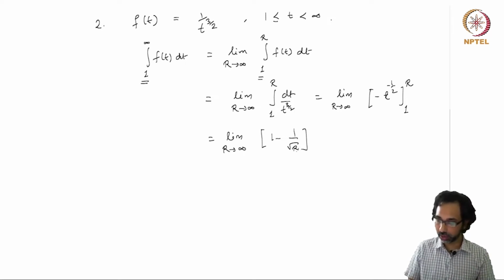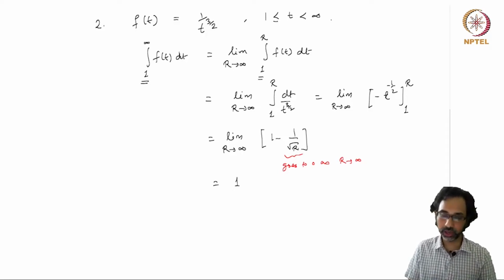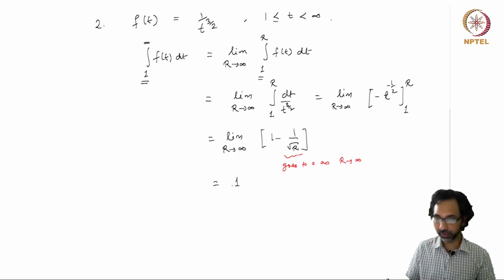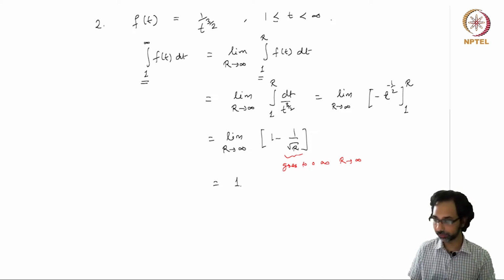Now this 1 over square root of r term goes to 0 as r goes to infinity. Therefore in the limit you simply get 1. So the integral from 1 to infinity of f(t) dt, where f(t) is 1 by t to the power 3 by 2, is in fact finite, and it exists as an improper Riemann integral.